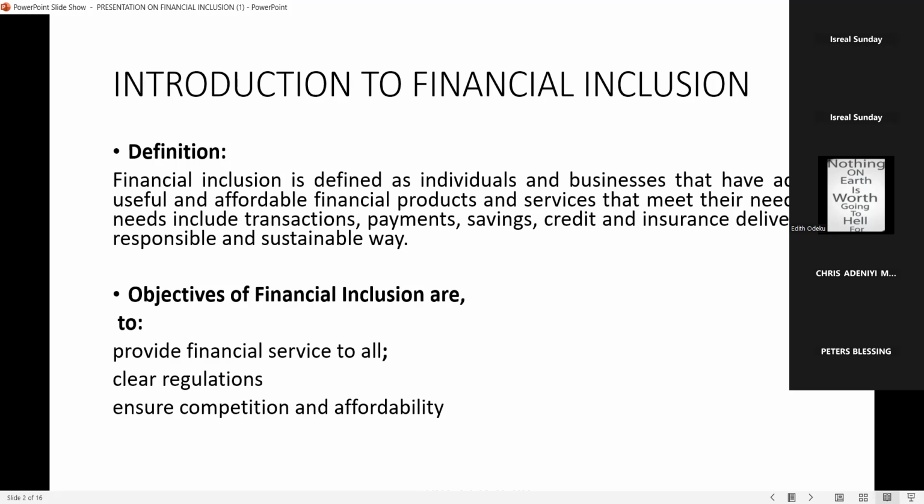We have said that with the services which people have access to, they are able to make transactions, payments and savings. They are also able to enjoy credit and insurance services. All of us on this call today, one way or the other, do almost all of the things listed here, and we are enjoying the benefits of having access to all these financial services.